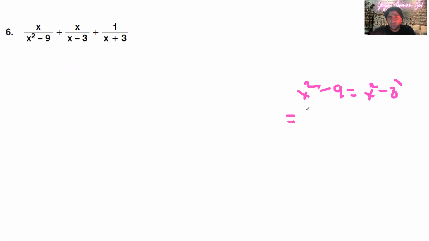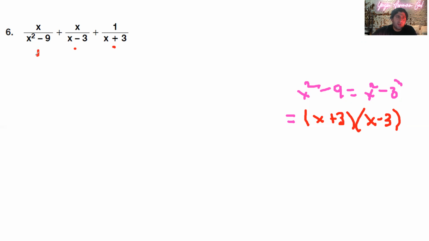That equals x plus 3 times x minus 3, and I have these here, x plus 3 times x minus 3. So this and this, guys, basically equals x squared minus 9.